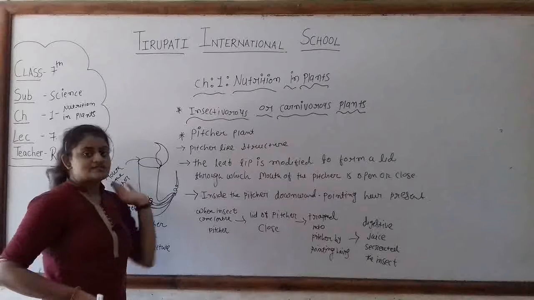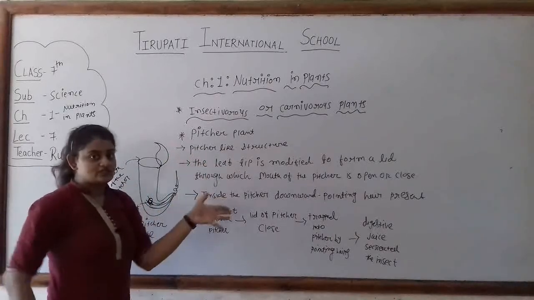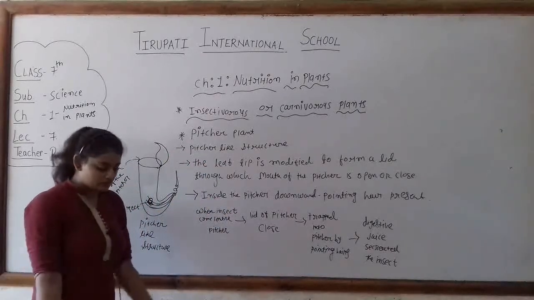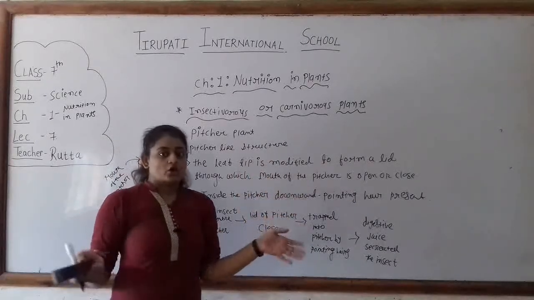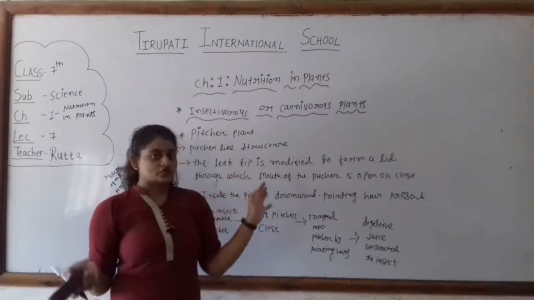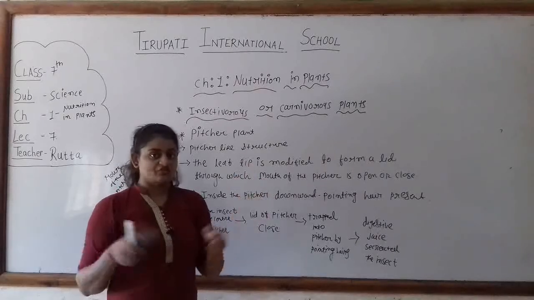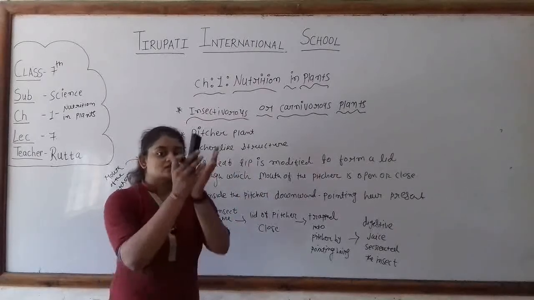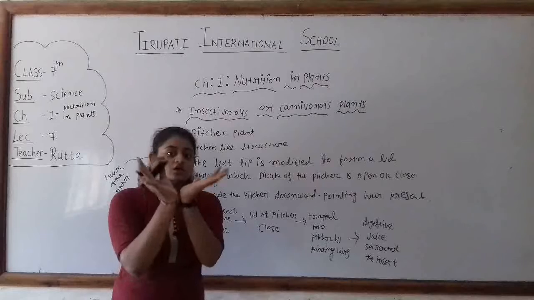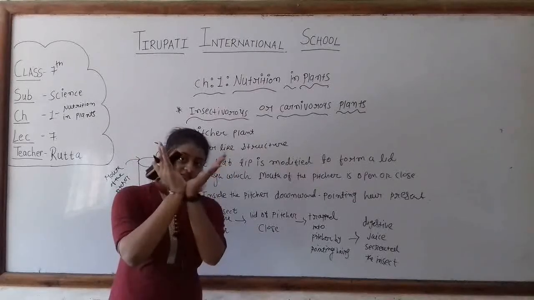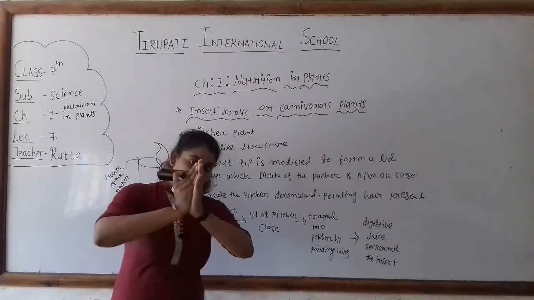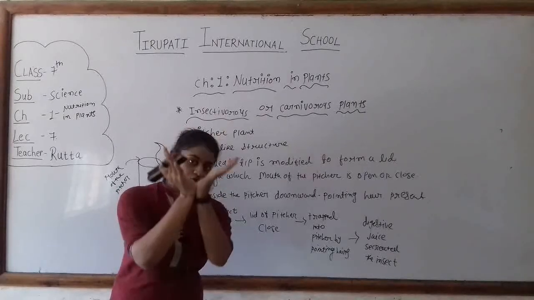This process is the same for this type of insectivorous plants. There are different types of plants which produce different types of structures to grab the insect. The Venus flytrap has two leaves which open or close. When an insect comes, the leaves close, and when there is no insect, they are open.